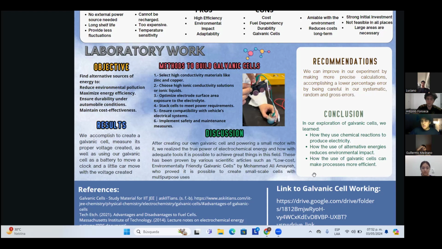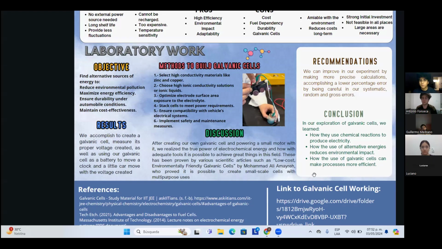As recommendations, we found that our galvanic cell could be better if we had more accurate calculations and if we used different materials that are highly conductive.